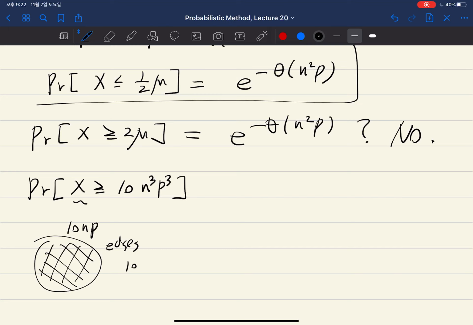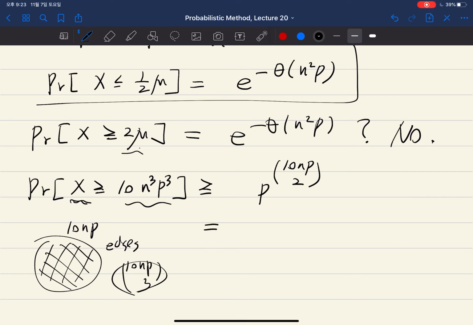Then you get 10np choose 3 many triangles, and this number is bigger than 2 mu. So the probability is at least the probability that it has a clique on specific 10np vertices. You have 10np vertices, and there are this many pairs, and every one of them is an edge.